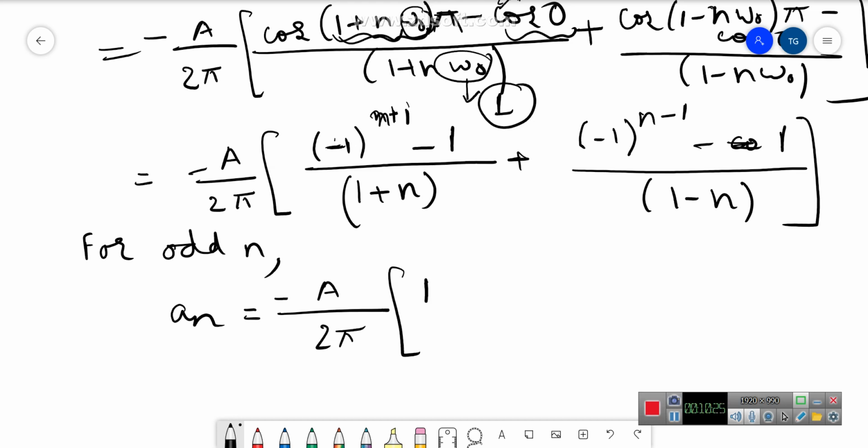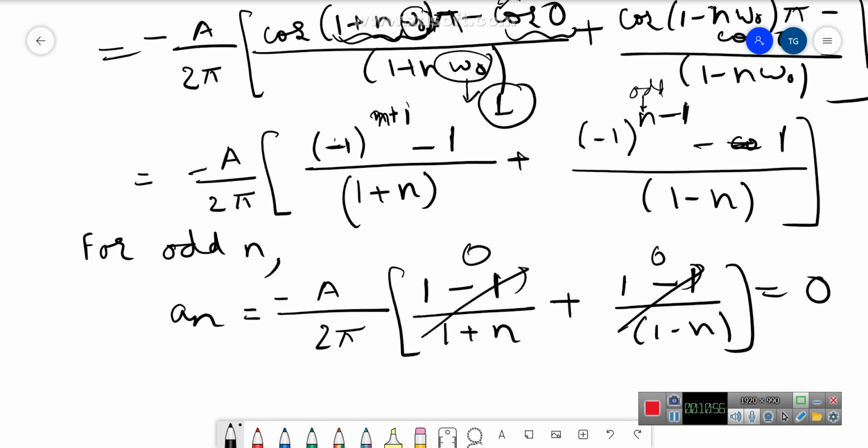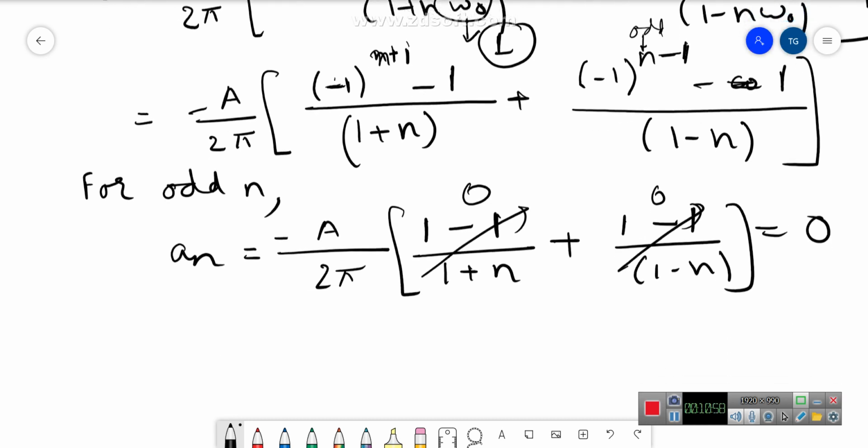So here it is 1 minus 1 upon 1 plus n, plus the same thing here. If an odd number is subtracted by 1, then it will become an even number. So any number to the power of an even number will make it positive. So it will be like this. So this thing will be equal to 0, this thing is equal to 0. So an equals 0 for all odd n.